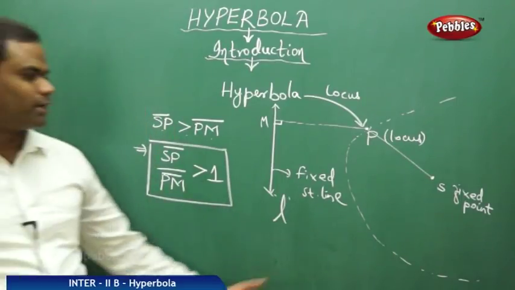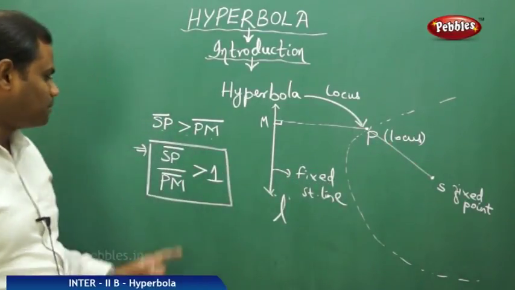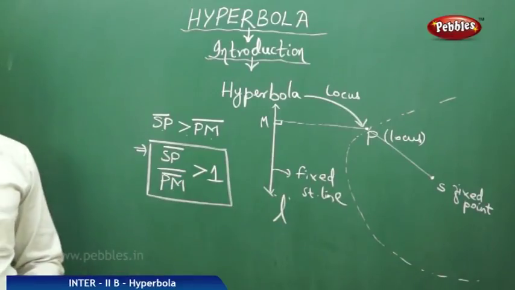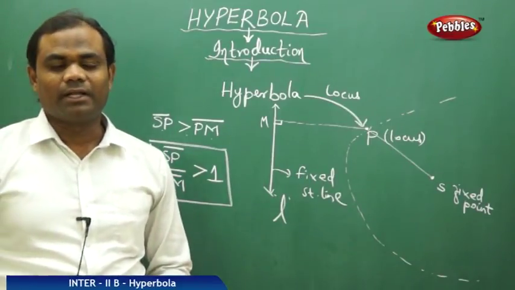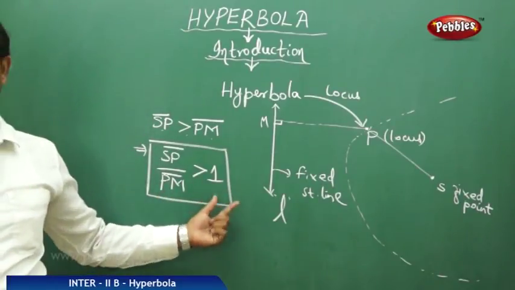S being the fixed point, L being the fixed line, and P being the locus, SP by PM should always be greater than 1. This is how we connect the hyperbola with its mathematical inequality.